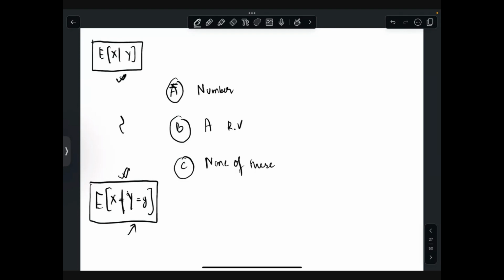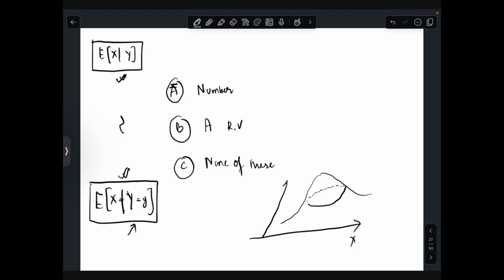So if you have a two-dimensional distribution, let's say a normal distribution like this, two-dimensional. This is x, this is y. So you know that x given y is a random variable itself, right? So what is the expectation of x given y?